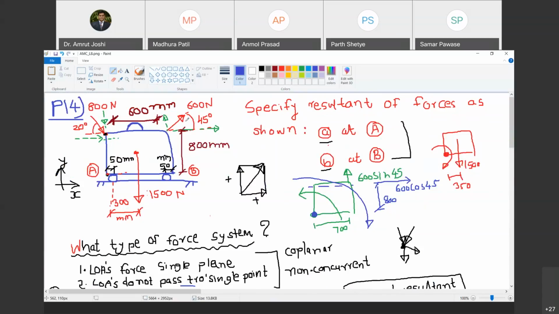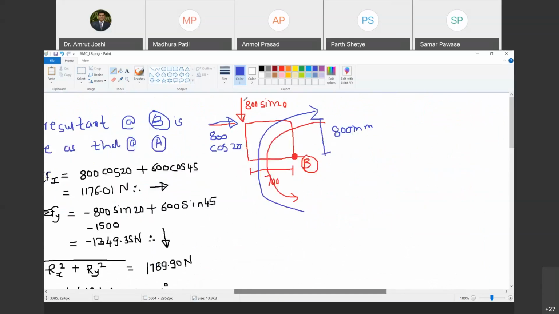And what about its horizontal component? 600 cos 45. तो 600 cos 45 कहाँ पे act हो रहा है? It is going to act here. Are you with me? Yes, sir. 600 cos 45. What is the perpendicular distance between line of action of this force and B? It is 800. Yes, sir. Do you agree with me?